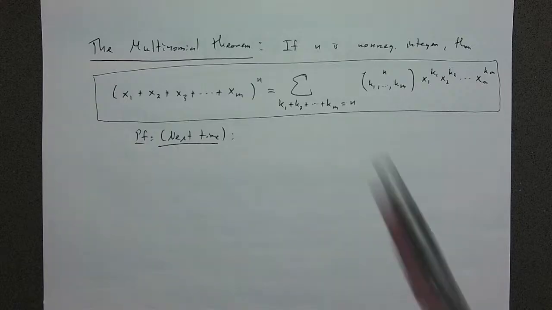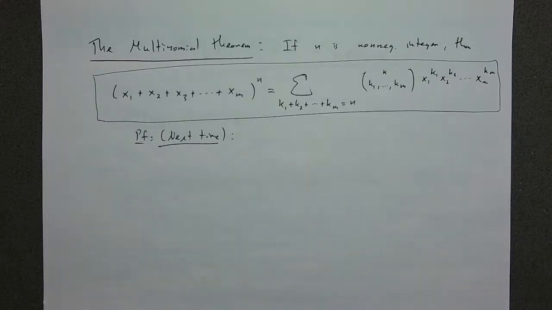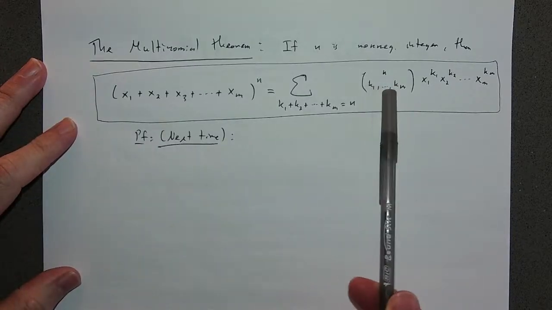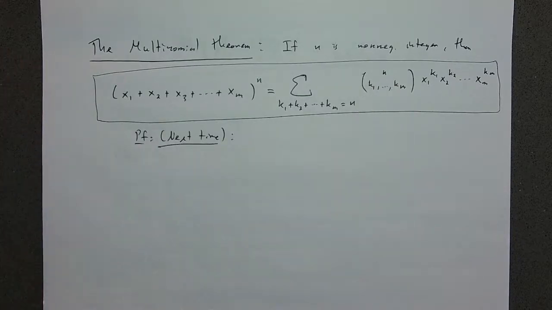They arose in our first examples, clearly a generalization of the binomial coefficients. And we saw how in the case of having two of these k's, this was actually just a binomial coefficient. So I was debating over whether or not to do the proof. I am going to do the proof just to show the similarity in structure between this and the induction proof that we use for the binomial theorem.